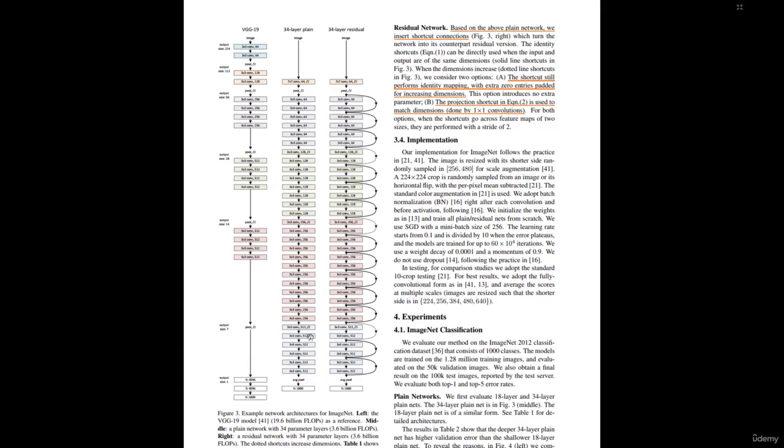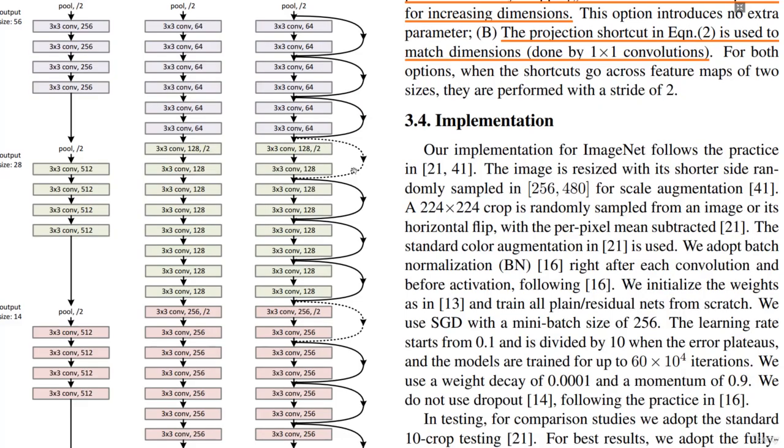This figure to the left shows us the VGG19 model, the 34-layer model, which is formed by stacking up those different conv layers, and then the 34-layer residual model, which has the skip or shortcut connections. Notice that in some cases we have those full lines, and in some cases dotted lines. These dotted lines are the skip connections which link the inputs with outputs where there's a change in dimensions.